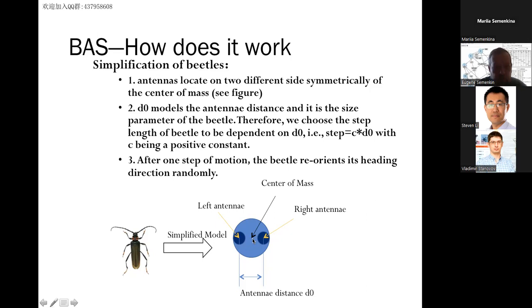Every time we just sample the value of the function to be optimized at the position of the left antenna and at the position of the right antenna, and make a comparison to see which one is bigger and which one is lower, and then determine where to go next.